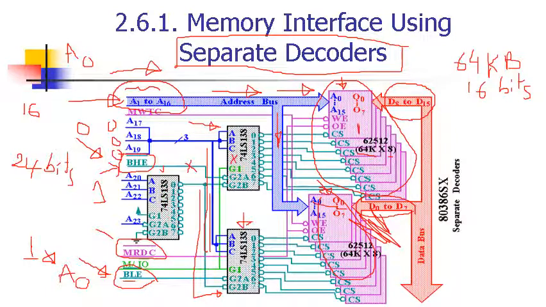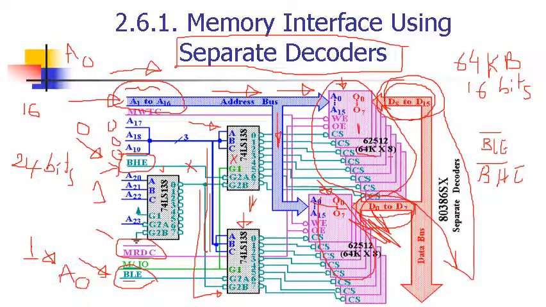And the third situation is when you make your BLE and your BHE both active, you activate both decoders and you get a byte from your high bank and another byte from your low bank.